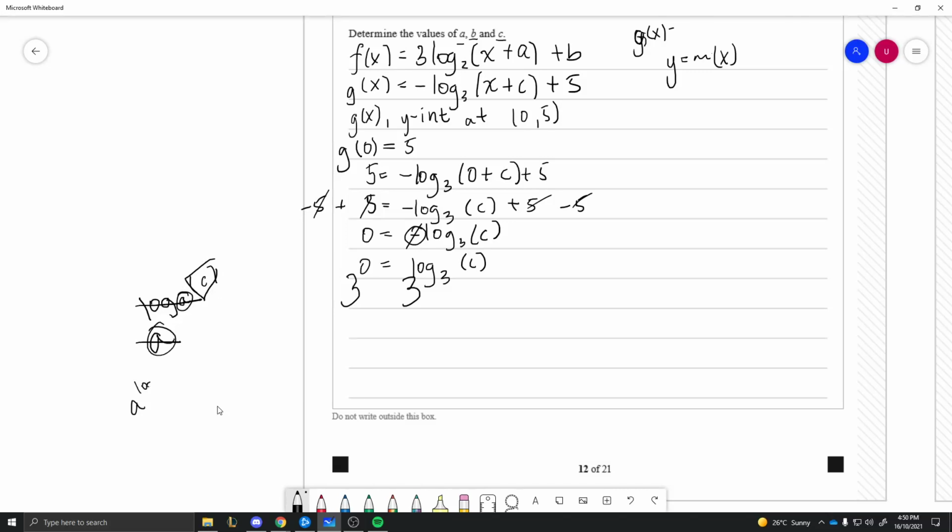So a to the log base a of c is just equal to c. So now you can cancel the log base 3 and you get 3 to the power of 0 equals c. Anything to the power of 0 is 1, so c equals 1. So that's your first.